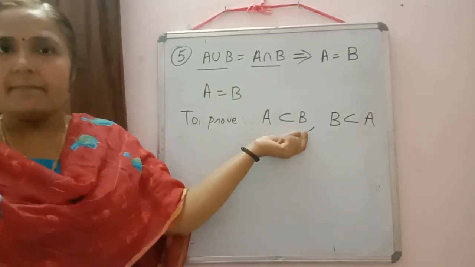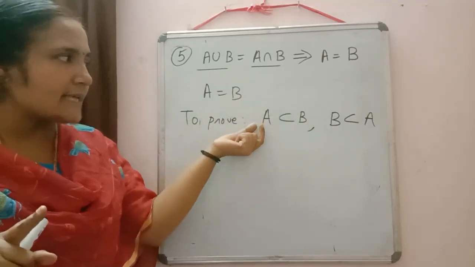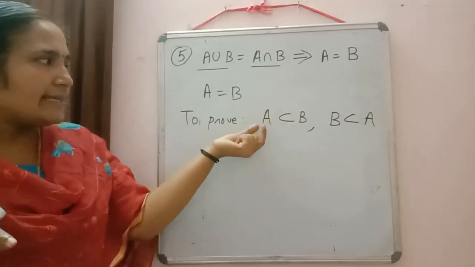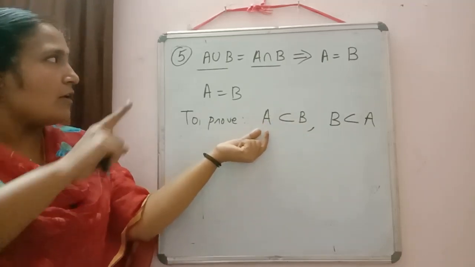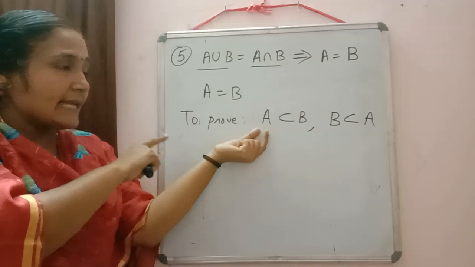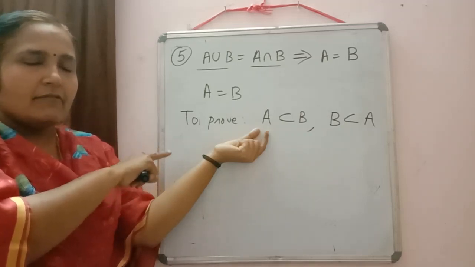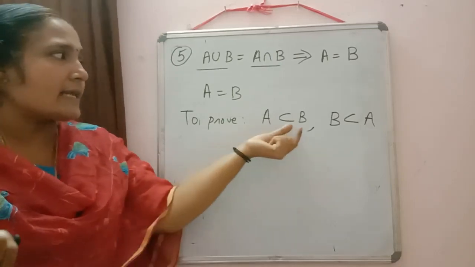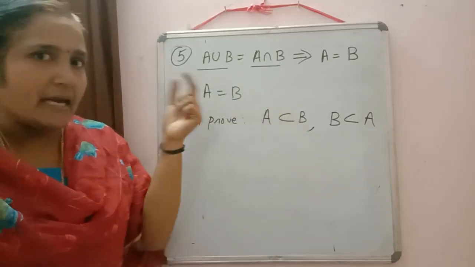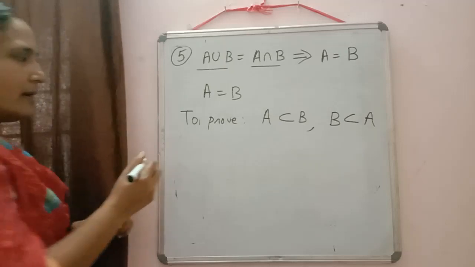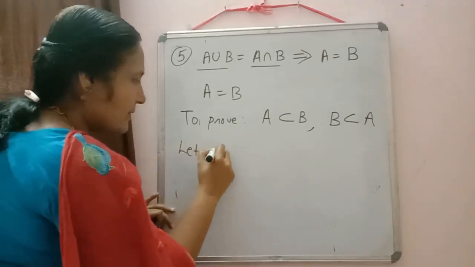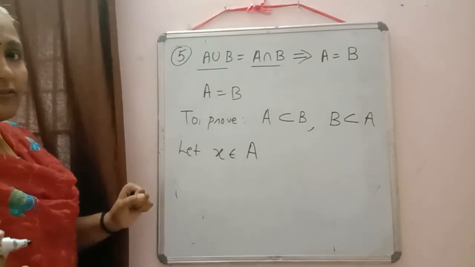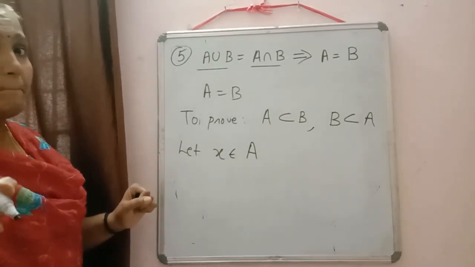Again I am saying, if you have to prove a set is a subset of the other one, we will take an element which belongs to A, and we will prove that that element belongs to B also. So I am taking here, let X belong to A. What I have to prove? X belongs to B also.